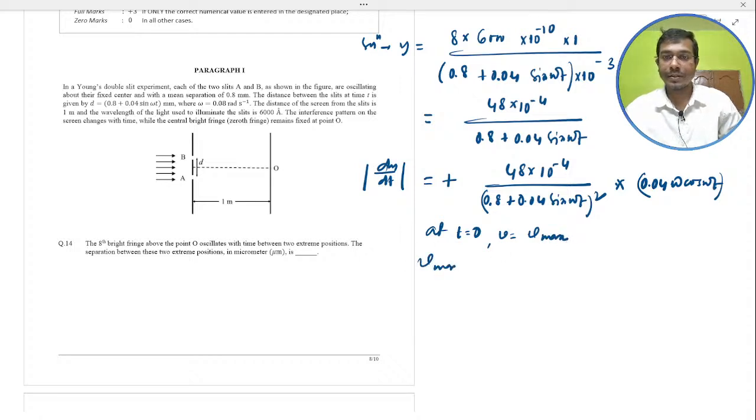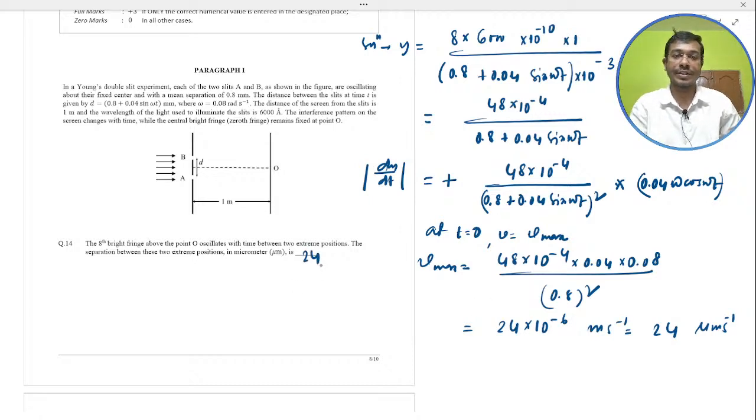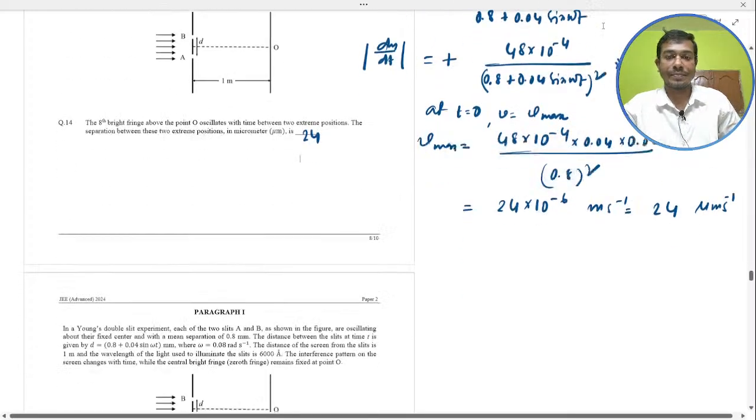That means Vmax equals 48 into 10 to the power minus 4 into 0.04 into 0.08, just the numerical values, divided by 0.8 whole square. So this will become 24 into 10 to the power minus 6 meter per second, that is basically 24 micrometer per second. 24 would be the correct answer in micrometer. Okay.